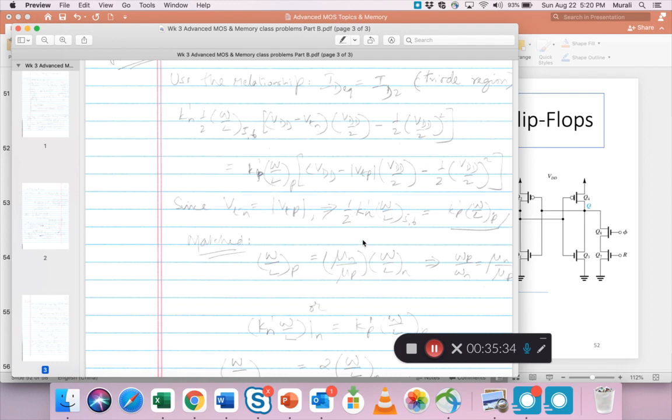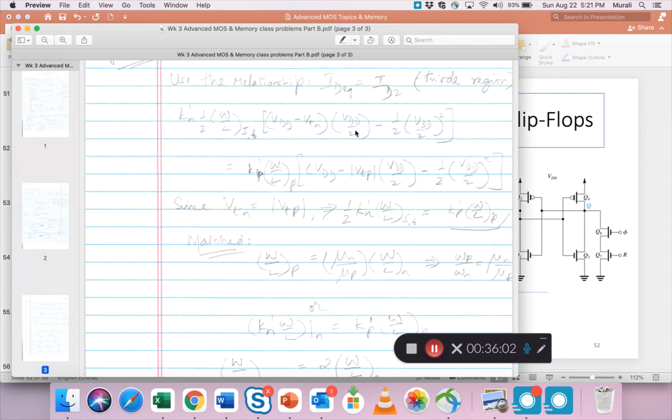which also means that this half Kn W by L, this portion, which is also known as just Kn, this is half Kn prime W by L, is just Kn. So we know that this Kn equals this Kn. This is also Kp prime. So these two parts are equal because of this.